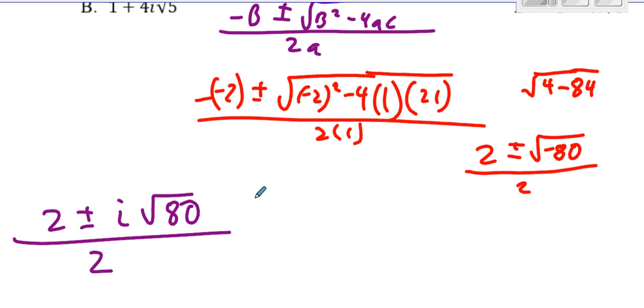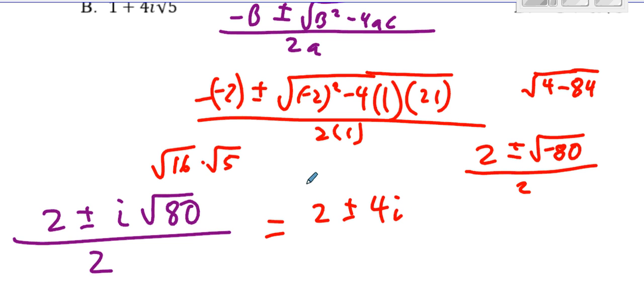When you do the square root of 80, you're looking for a perfect square inside of it. You can find square root of 16 in there. 80 is 16 times 5. Square root of 16 is 4. So this is 2 plus or minus 4i square root of 5.